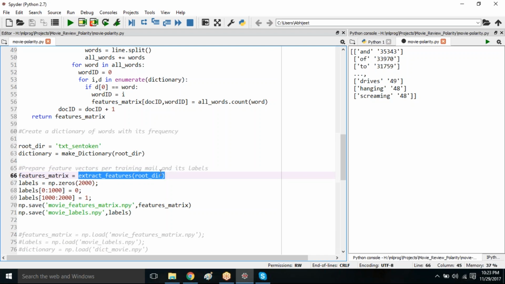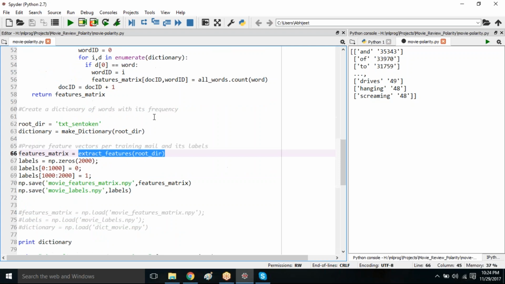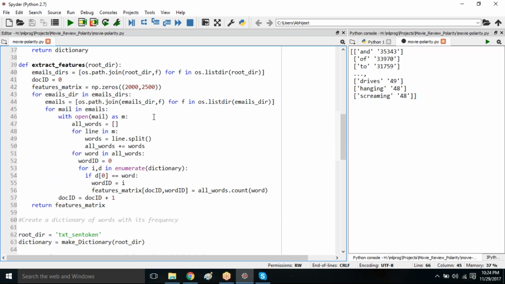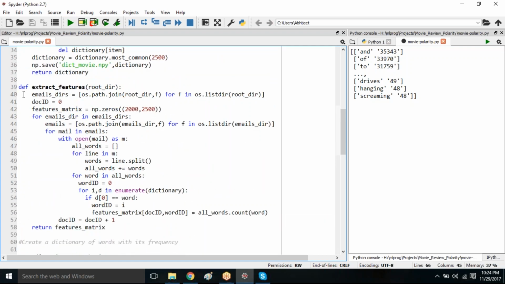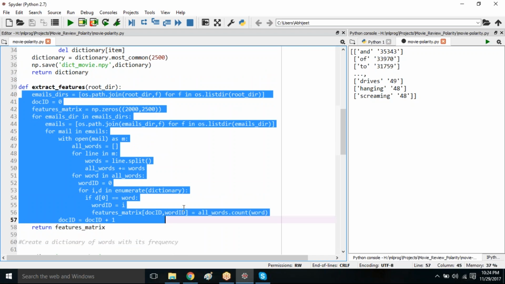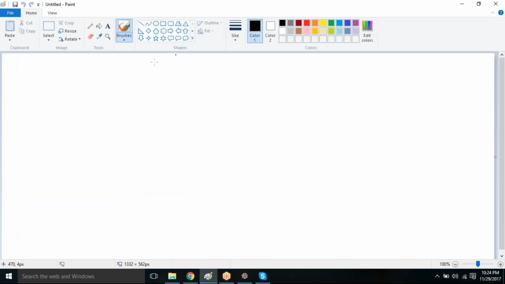We are now extracting features for the positive and again the features for the negative. So that feature extraction we have to do like this. And this particular code of feature extraction is nothing but the thing which I told you.